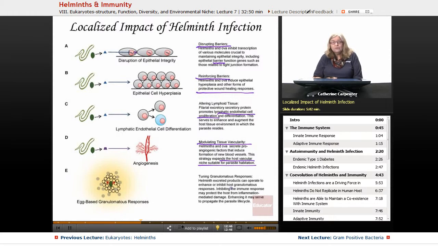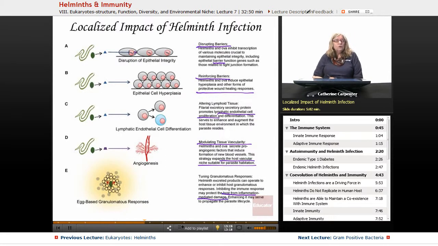Now, granulomas are another kind of reaction that, for instance, occurs with tuberculosis, and potentially these helminths can actually induce other granuloma formations that are potentially protective for other diseases like TB. And in doing this, the actual host is also protected from inflammatory mediated damage.